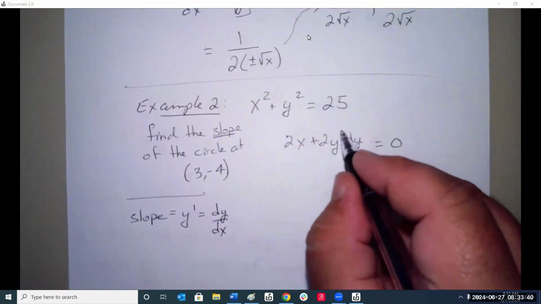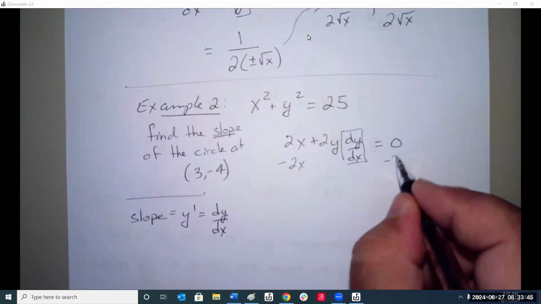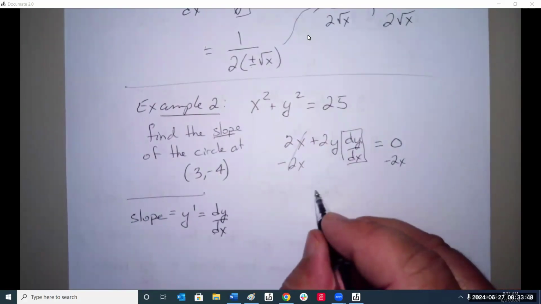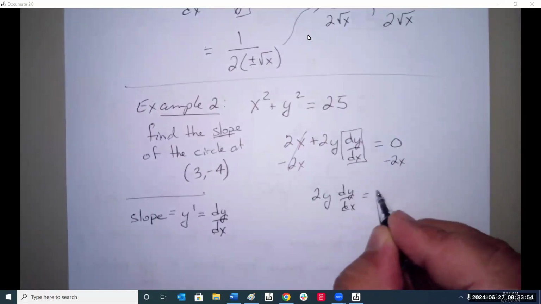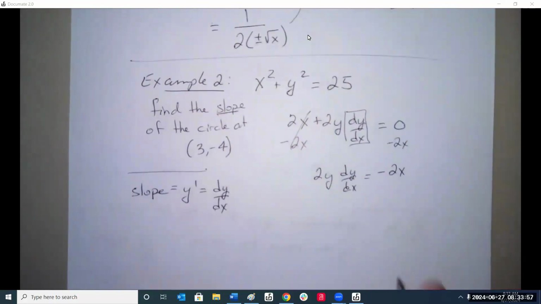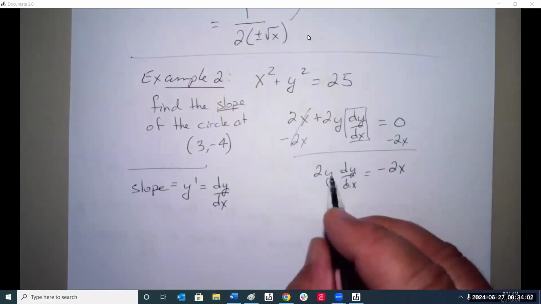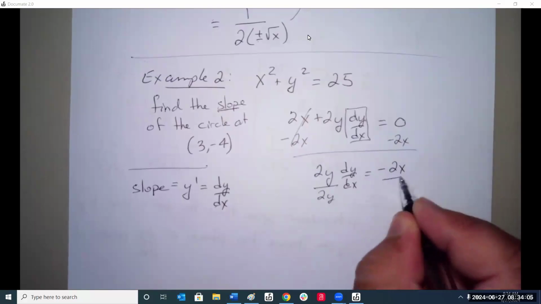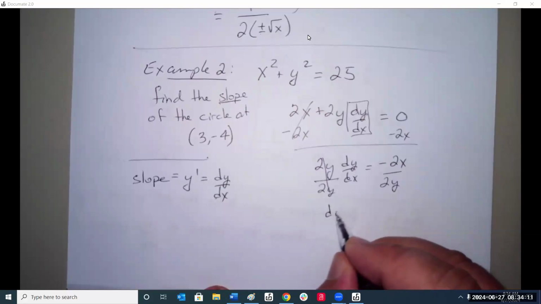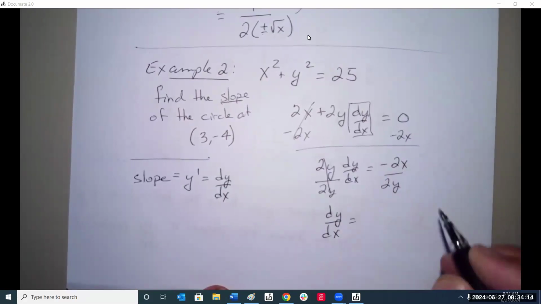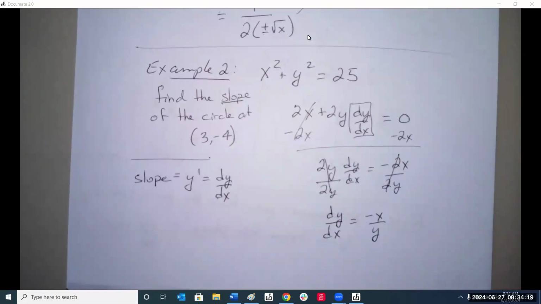Now we have to solve for dy/dx. So first, get rid of 2x: 2y dy/dx equals -2x. We subtract those. Then we divide both sides by 2y. The 2's cancel, so dy/dx is equal to -x over y.